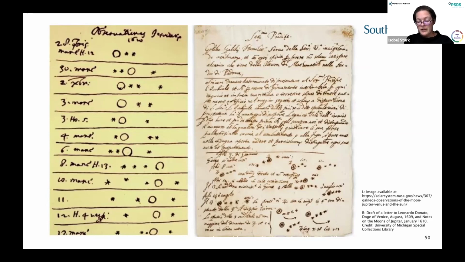And then you've got further descriptive information, his kind of README file at the bottom of the right-hand page where he's actually working out the orbits of the Galilean moons around Jupiter. And if you can read medieval Latin, which I can just about, that information is still understandable 400 years later.